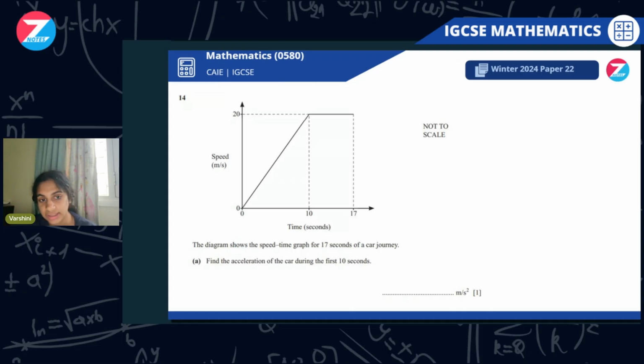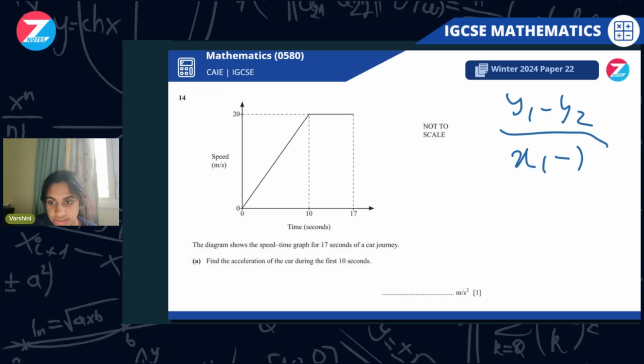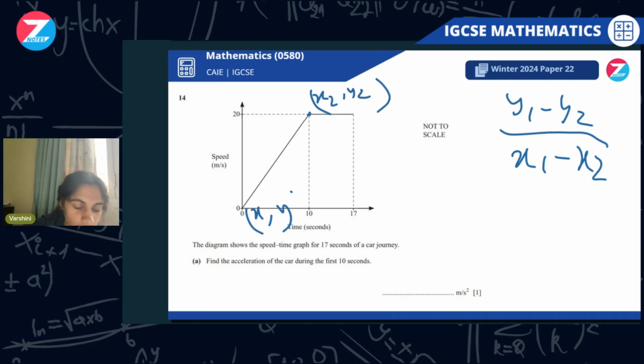And to find the gradient, we know it's y1 minus y2 divided by x1 minus x2. Over here, we can have this point as x2 comma y2, and this point as x1 comma y1.